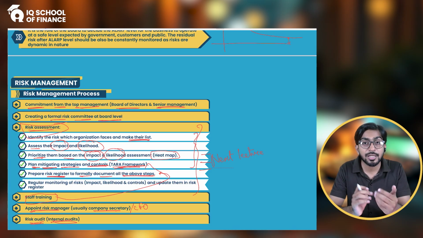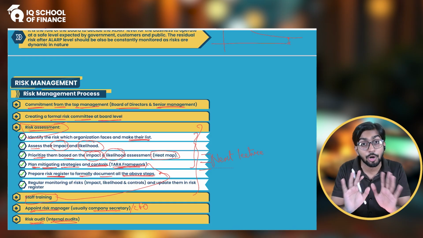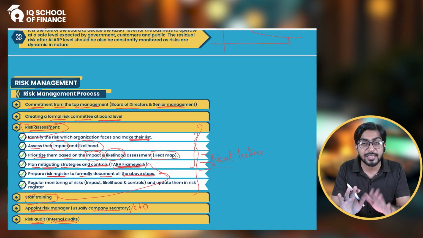So the internal audit team identifies the risk areas, and they also evaluate whatever controls, precautions, and safeguards you have already applied: are they effective? Are they appropriate or not? And if they are appropriate, whether or not the staff is complying with them.